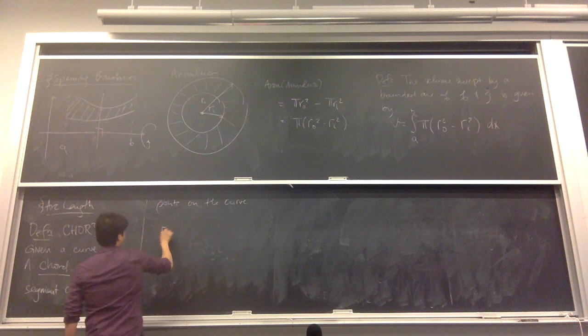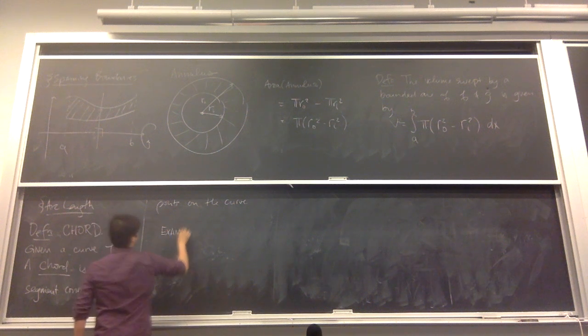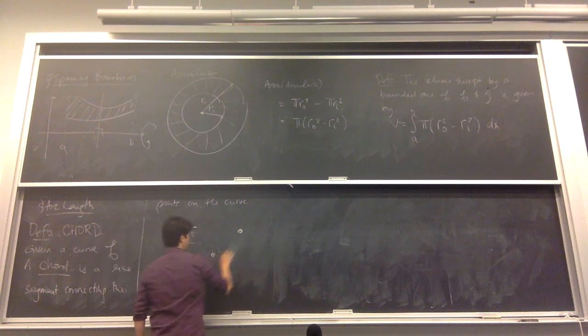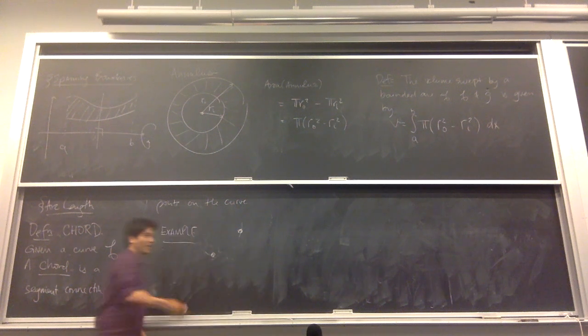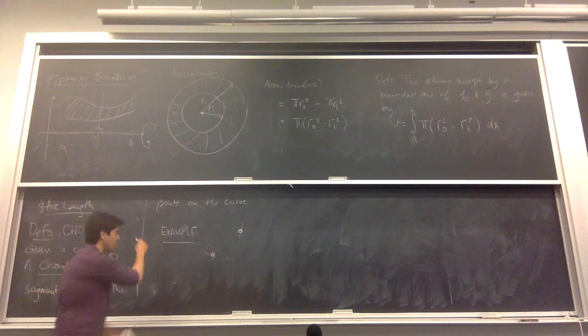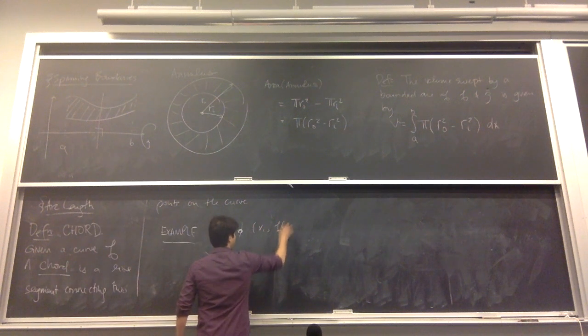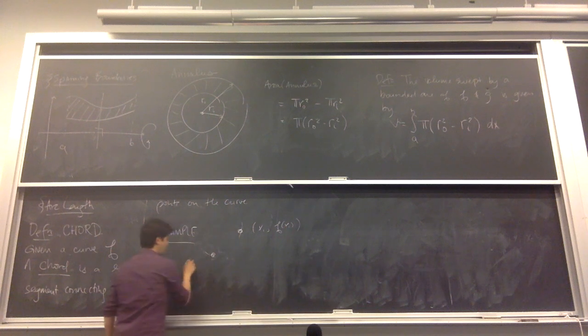Right, so for an example, here are 2 points. There's some curve that goes through them. I don't care what the curve is. I just care that the points are given by some curve. So this is going to be the point x1, f of x1. This is going to be the point x naught, f of x naught.